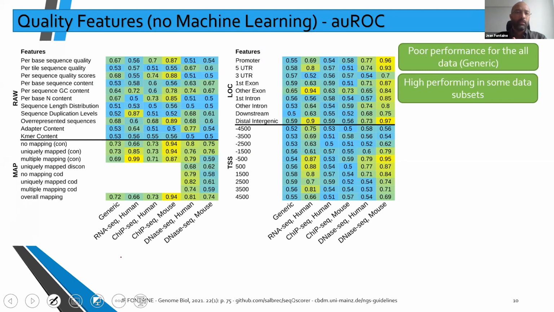And we have divided different columns because we were interested in different data subsets, except the first column is about the whole data. This is everything all together, ChIP-seq, DNA-seq, and RNA-seq. And so we see that for the whole data altogether, there is no one single feature that performs very well.